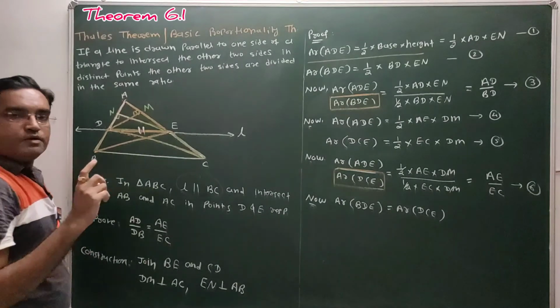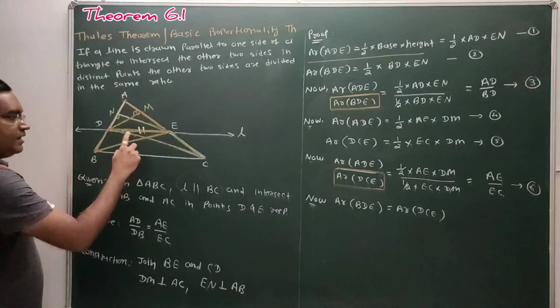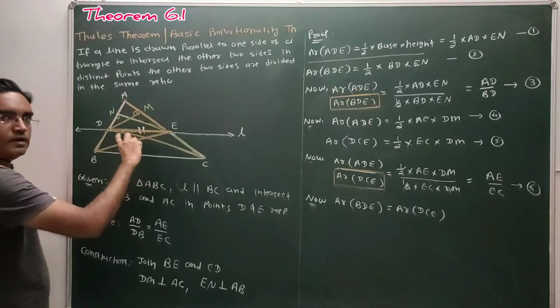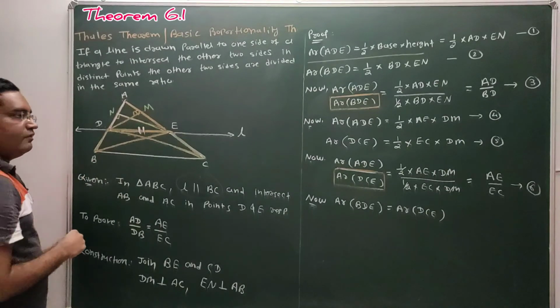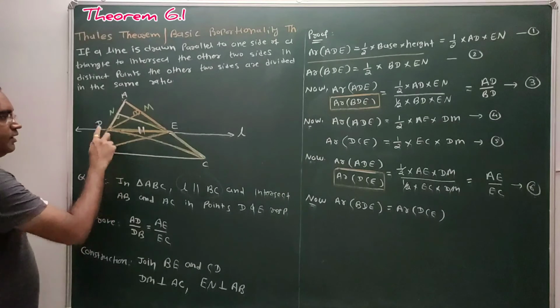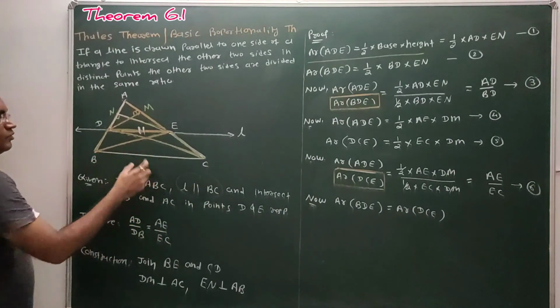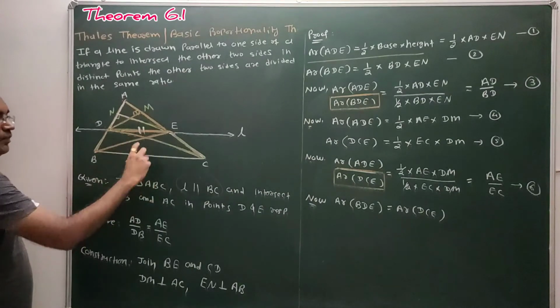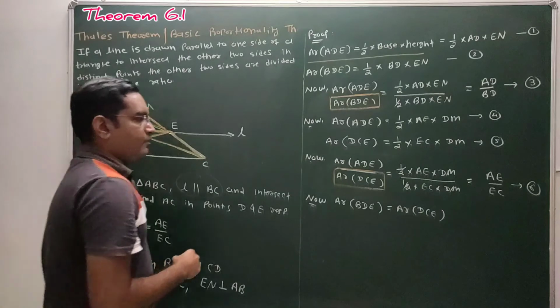Now we have discussed one theorem in 9th standard. Two triangles lying between two parallel lines and on a common base have equal areas. Here this DE is parallel to BC. DE is nothing but the line L, and line L is parallel to BC. So these two triangles lie between two parallels and on a common base. So the areas of these two triangles will be equal.